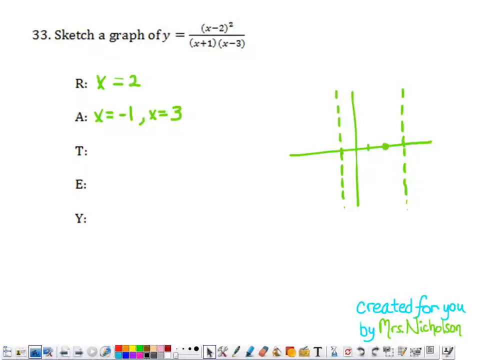Next up is the T, which stands for tangency or turning point if I have a squared in the numerator. And in this case I do. My factor in the numerator is squared. And so that means I'm going to have a turning point at x equals 2.